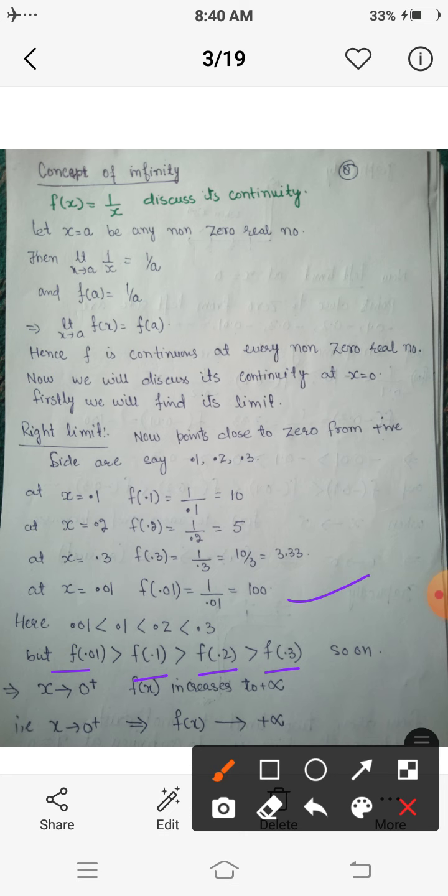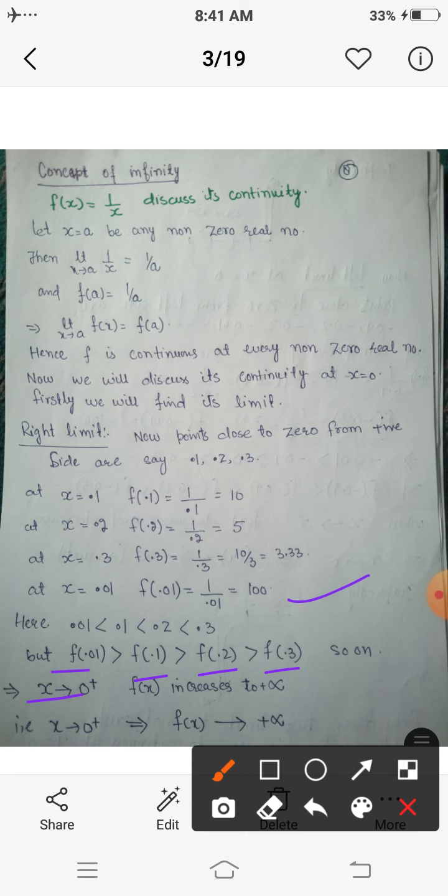This means that when we are approaching 0 from the right side, that is x tends to 0 positive, because approaching means limit, the value f of x increases more rapidly, but we cannot find a fixed number which is next to 0. If we consider a point much closer to 0 from the right side, then we can find infinitely many numbers between 0 and that number.